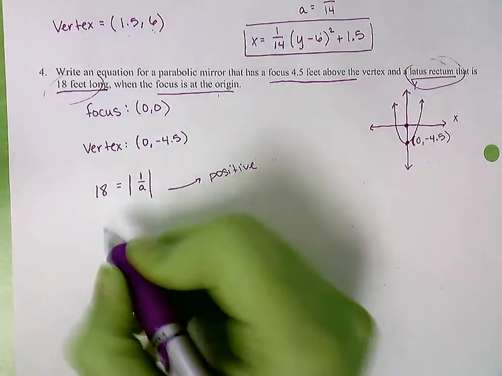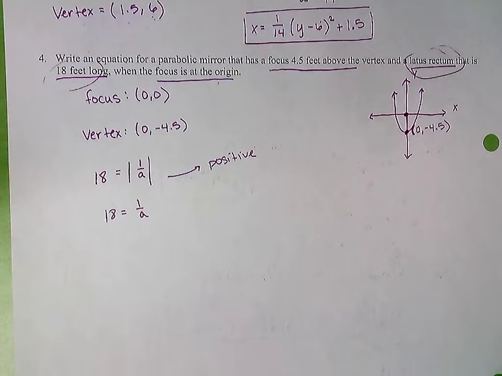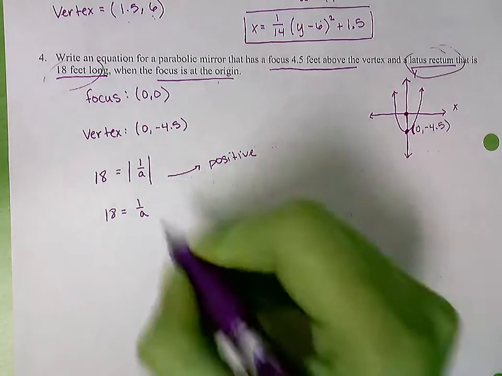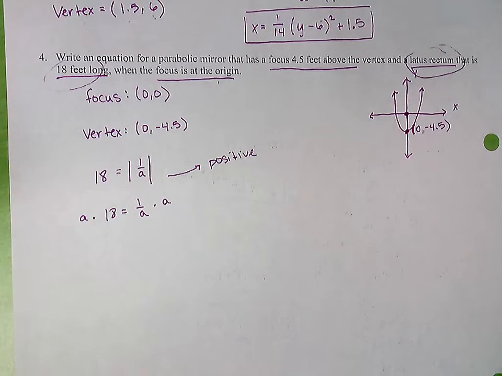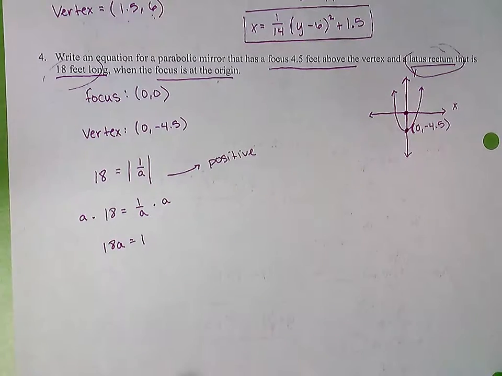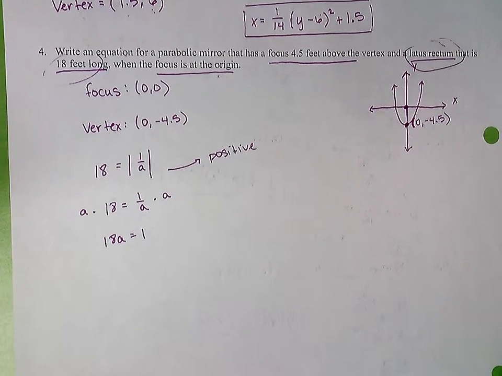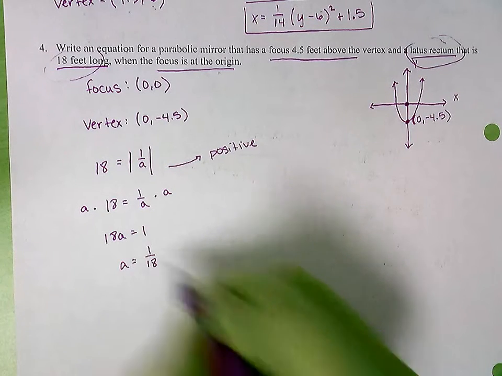So instead of having these absolute value, I can just say 18 is equal to 1 over A. Now to get A out of the denominator, we'll multiply both sides by A. So we have 18A equals 1. So A should be 1 over 18.